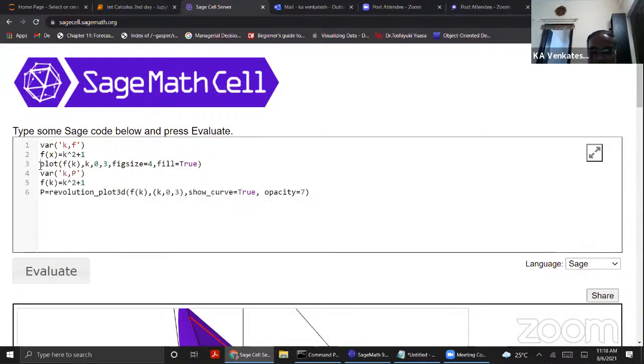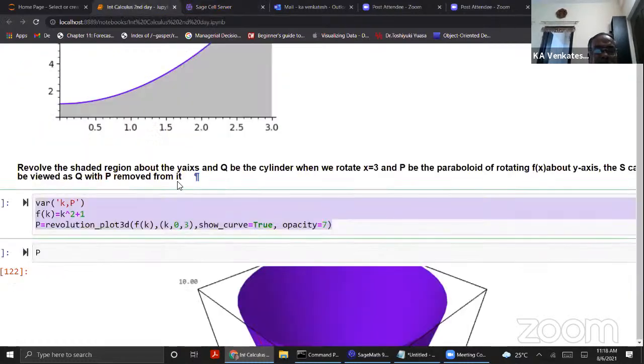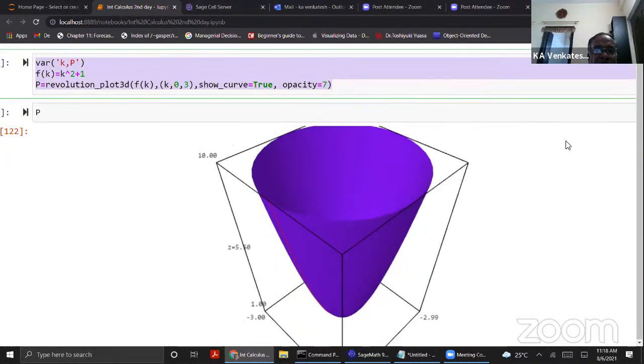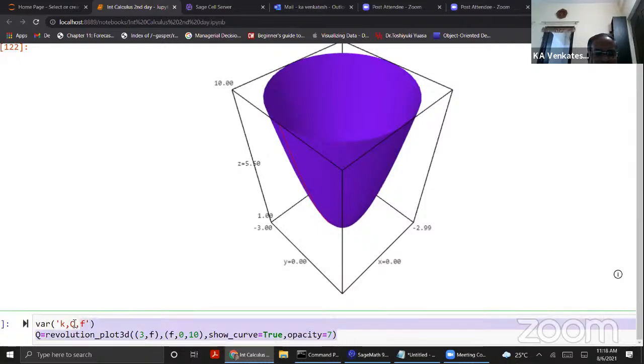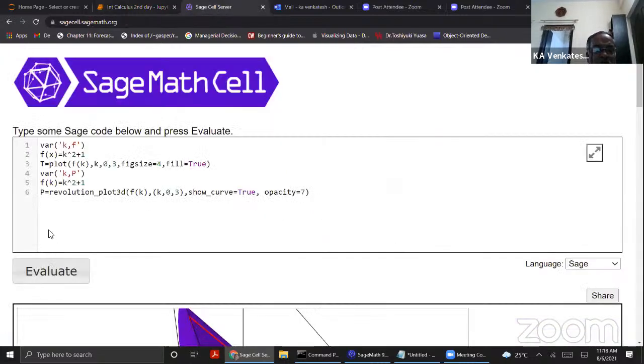In this plot, I put some variable t equal to, so that anybody who is typing from here can type it and then we can understand together.